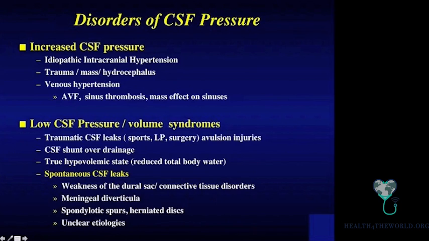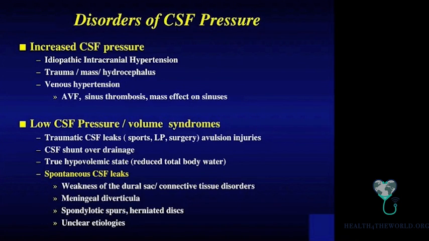Okay, so we're going to focus most of our talk today on idiopathic intracranial hypertension and spontaneous CSF leak causing hypotension. But just remember, of course, the most common causes of intracranial hypertension are those that we see every day in the trauma unit, that is, patients who've been hit by cars and have bleeding, or have a tumor, or a hemorrhage, or hydrocephalus.